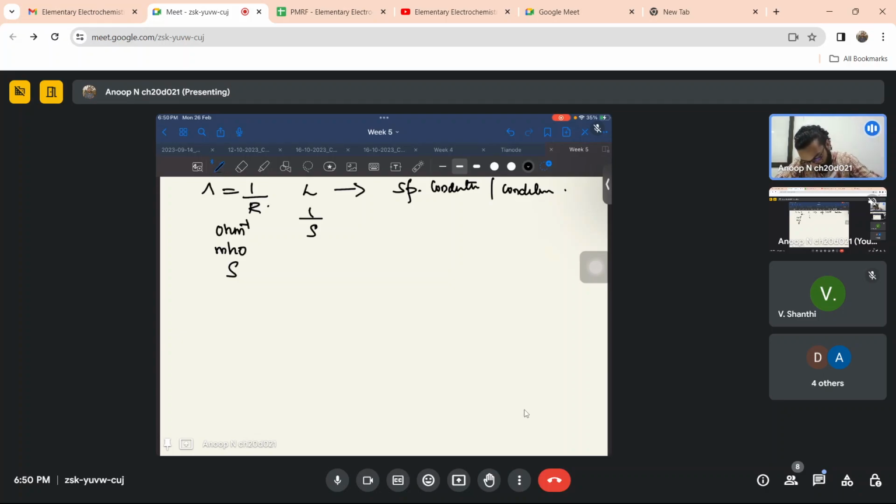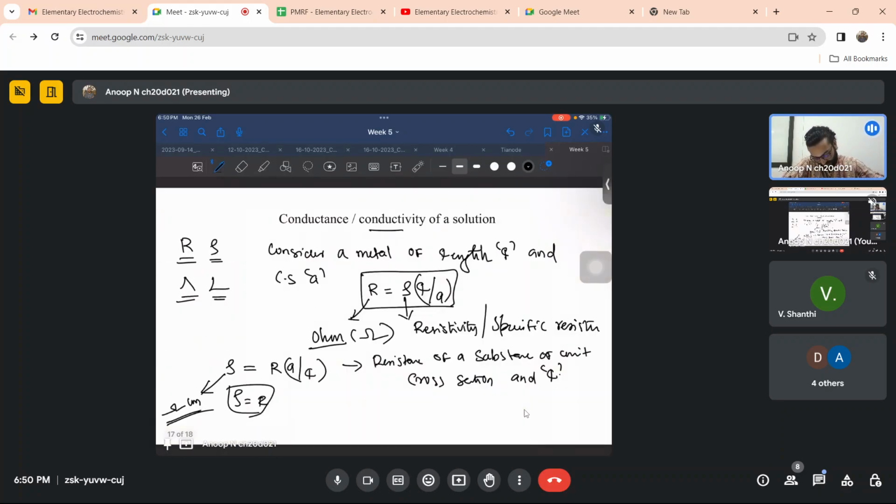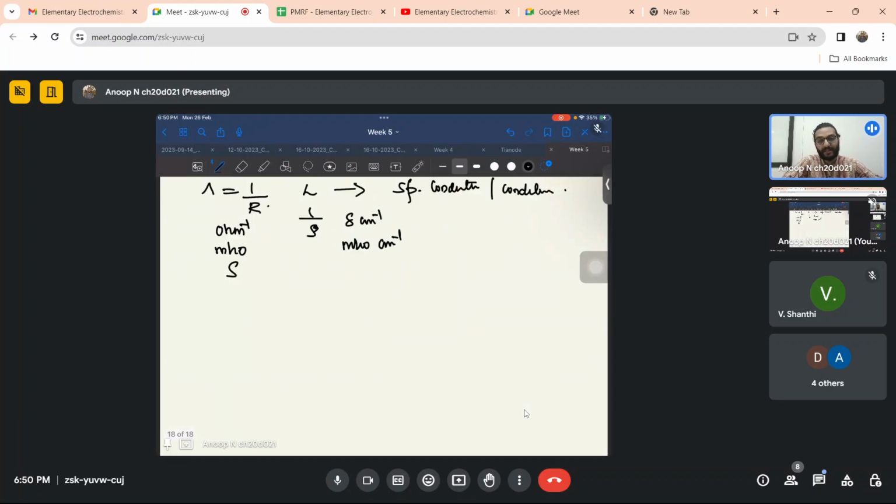What is the unit of conductivity? It will be Siemens centimeter raised to minus 1, or mho centimeter raised to minus 1. It is just the inverse of ohm centimeter, so 1 by ohm centimeter, which will be mho centimeter raised to minus 1, or Siemens centimeter raised to minus 1.